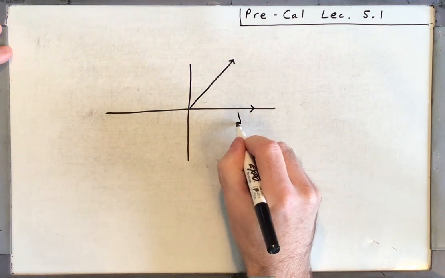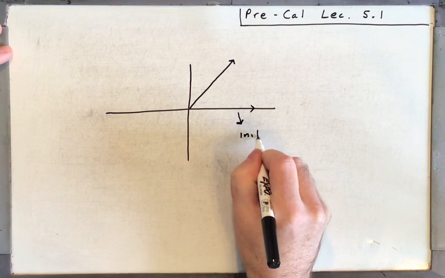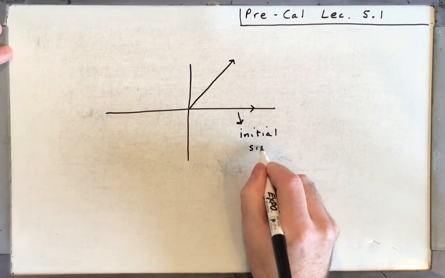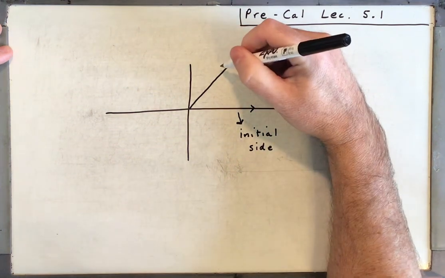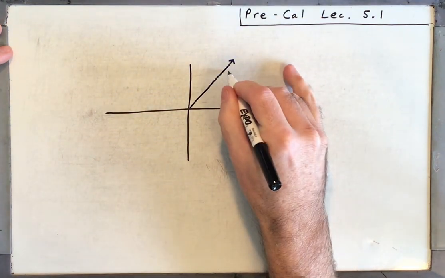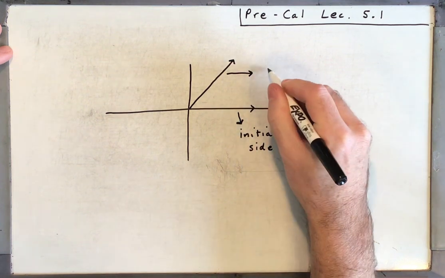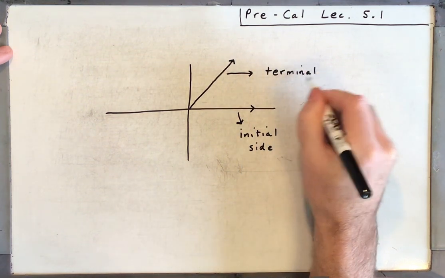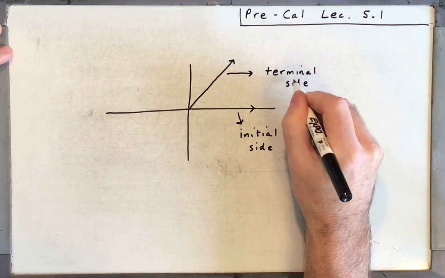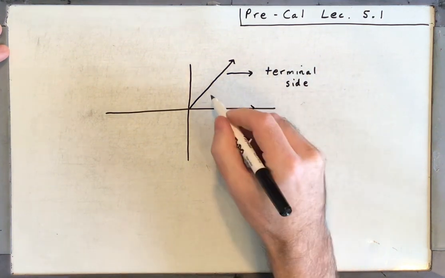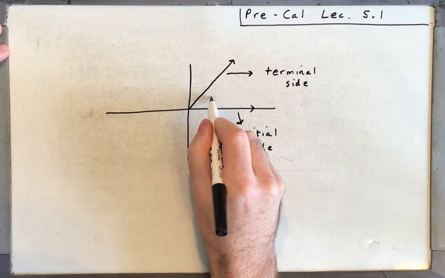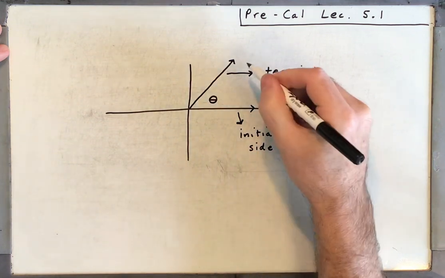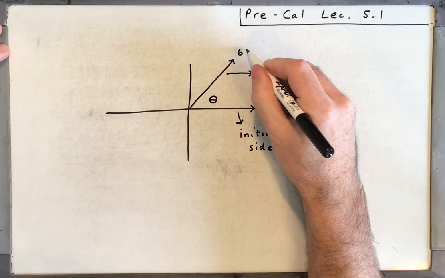It's where we start measuring from, and this is the terminal side. That's where we stop measuring the angle. That angle, and we usually use to signify an angle the Greek symbol theta, is about 60 degrees.